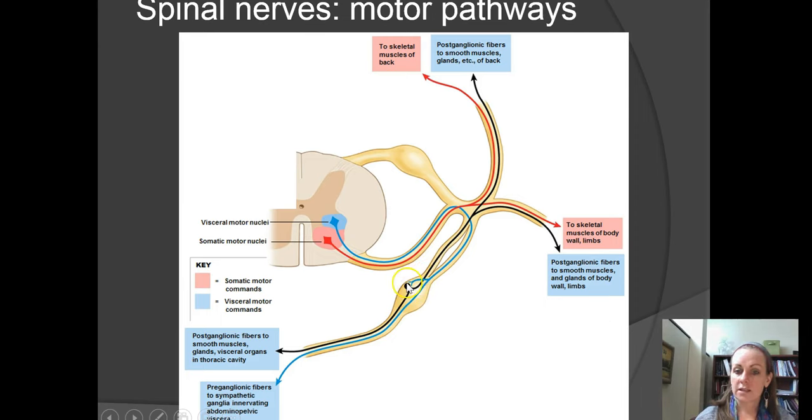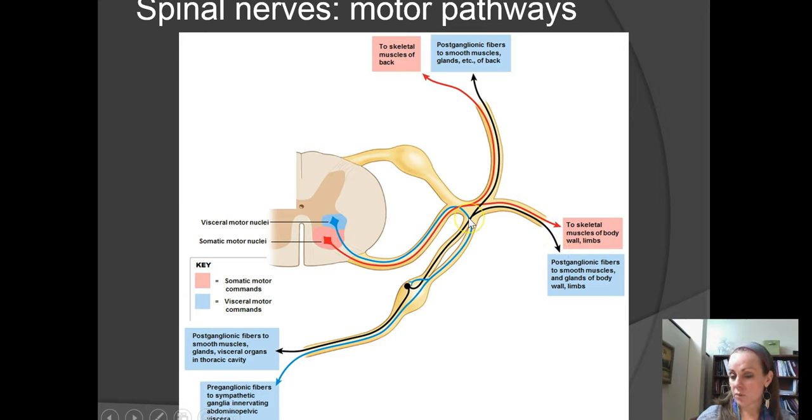Now we're going to transfer that signal to this black nerve. And notice it's got an extension that goes back up the communicating ramus and then to the ventral ramus and to the sweat glands of your belly.